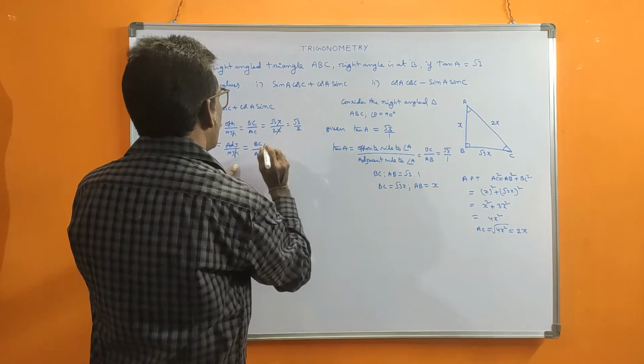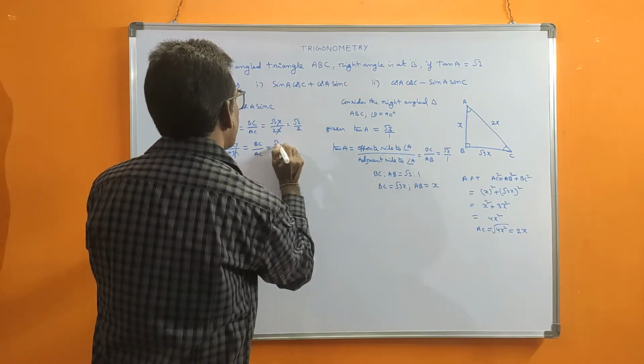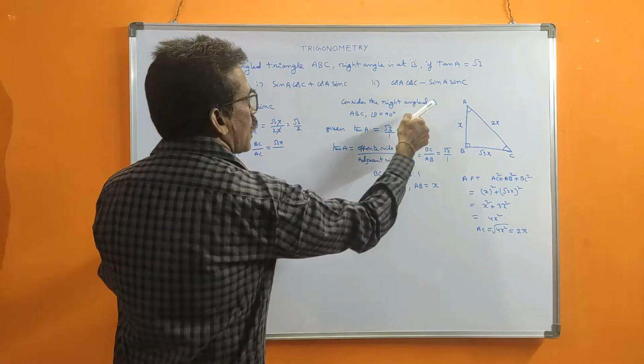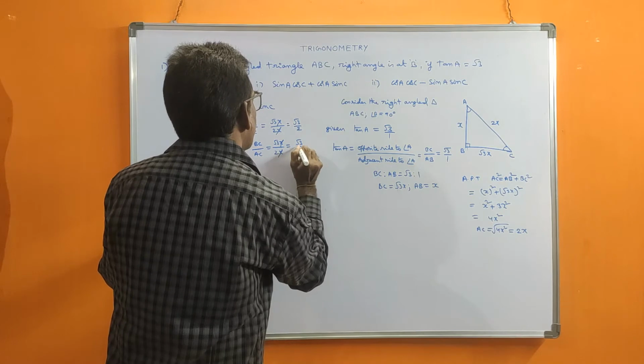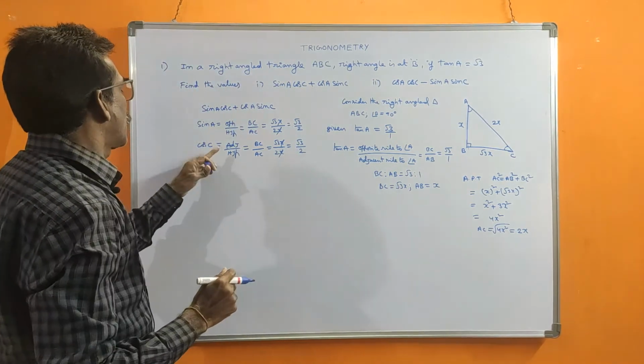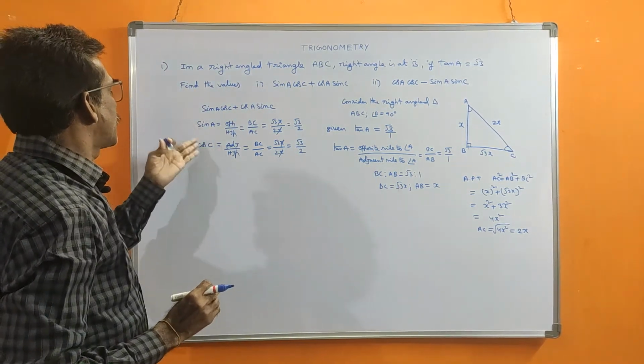BC value is root 3x, hypotenuse AC is 2x. Root 3 by 2. This also came the same because the angles changed. That's why the sin and cos values came the same.